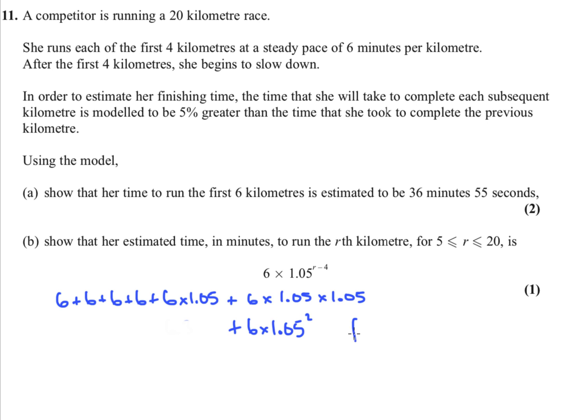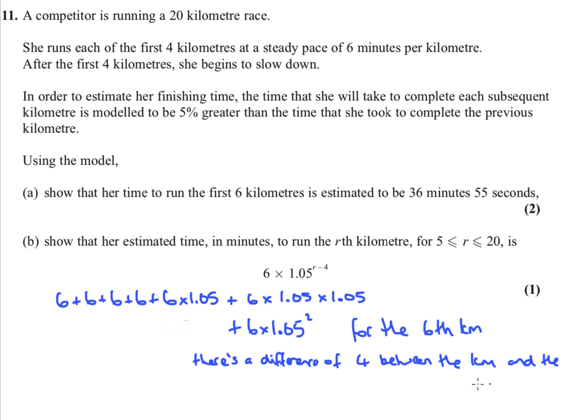And that's for the, if we count up, 3, 4, 5, 6th kilometre. Power of 2 and the 6th kilometre, so there's a difference of 4 between the kilometre and the power, because the first 4 kilometres were all run at the same pace.